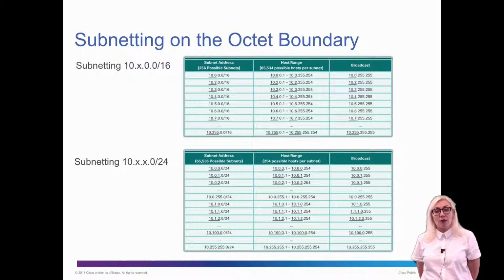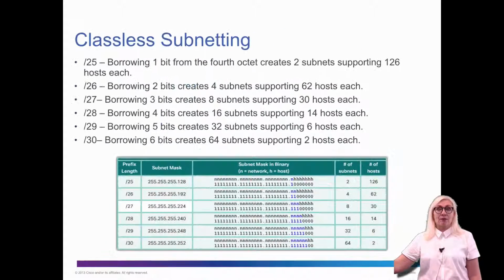This number here will change, because now instead of having just 2 parts of the IP address that describe the network, like with a /16, I will have the first 3 parts describing the network. So it's very easy to do it on the octet boundaries.